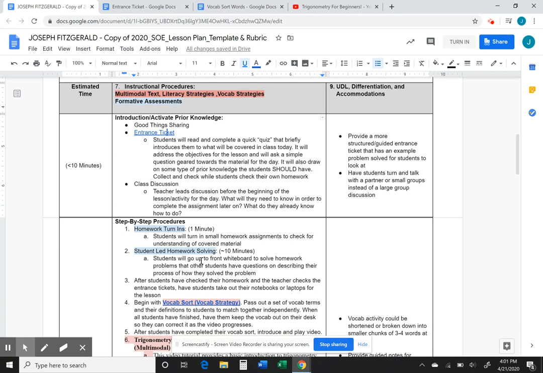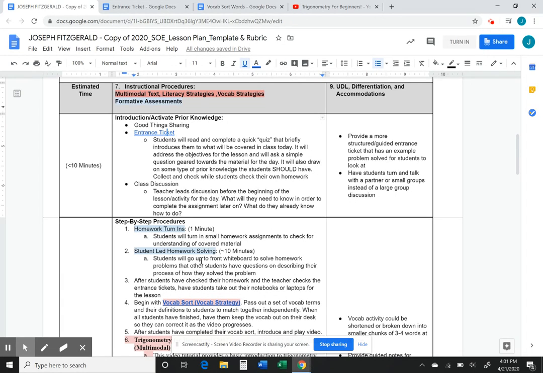So let's say Susie has a question on number 5 and Johnny did number 5 and it's correct. He'd take his homework up with him to the whiteboard and he'd solve number 5, and then all the other students would do the same thing with the other questions they have. And then when all of them are completed, each student would explain how they worked through the problem to the other students while I'm checking entrance tickets.